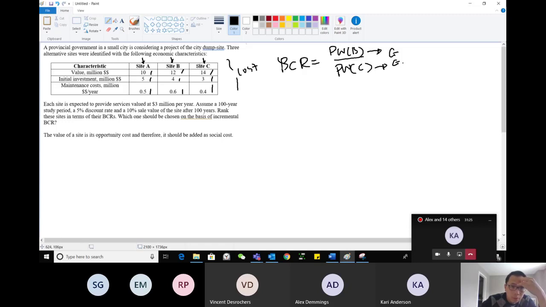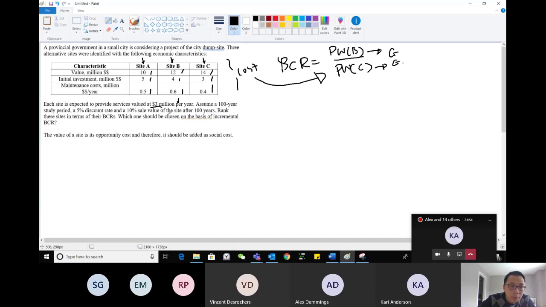So we need to factor those inputs and convert them into our present worth for cost. And then the second part says each site is expected to provide services valued at $3 million per year. So that's considered as the benefits.